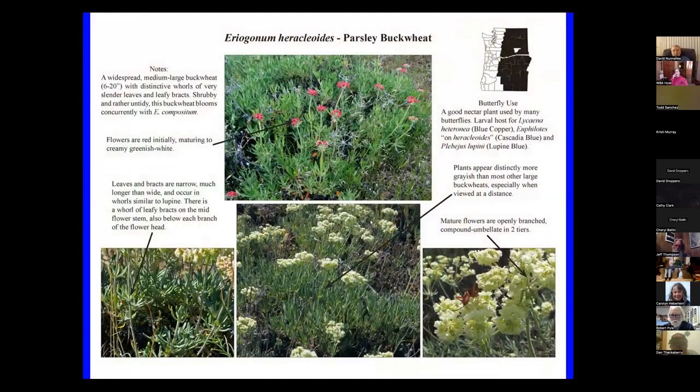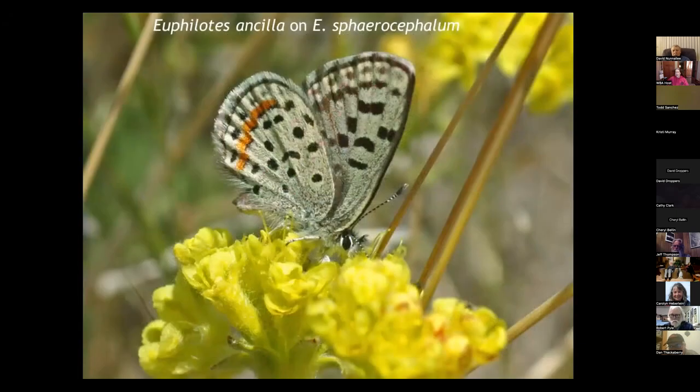So Dave, a question about that. How are you so confident that that is an ancilla? Because it looks so different from the previous one that you showed. It does indeed. First of all, this had been reported from this area by other people like Andy Warren, but I went down and found them, and I collected a few of the butterflies, and I dissected the genitalia.